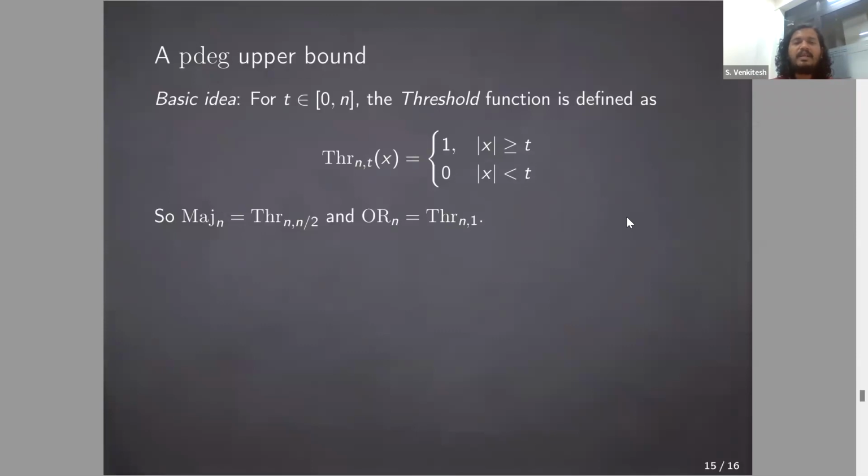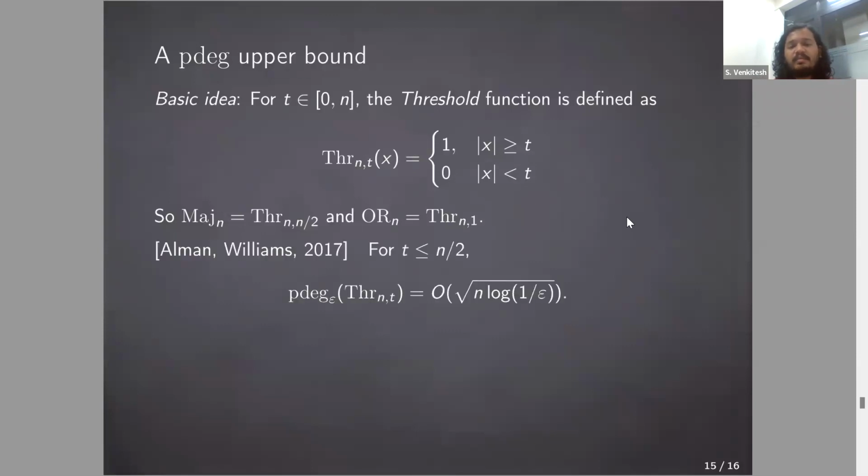Okay. So more generally, what Allman and Williams show as part of their main work is that when you take the threshold parameter t, its p degree is at most square root n log 1 over epsilon. This is the basic statement. And then you can use this fact that every symmetric function is a linear combination of appropriate thresholds with some more finer arguments.